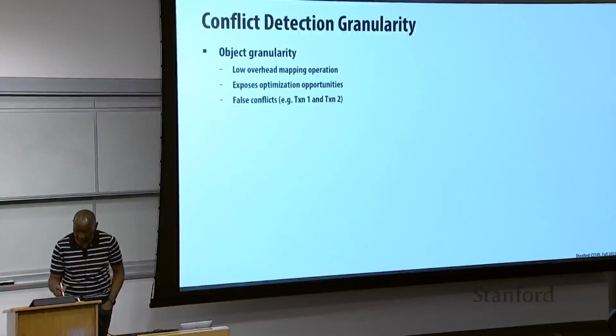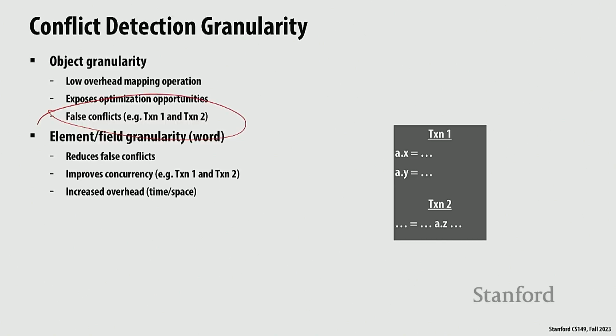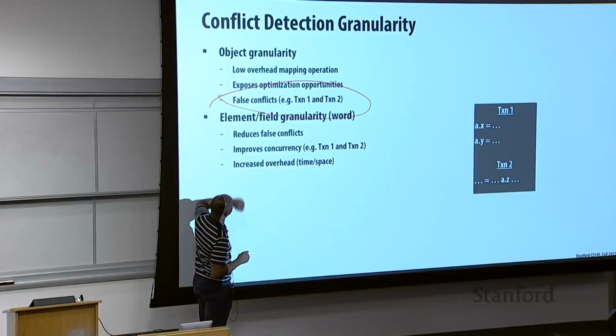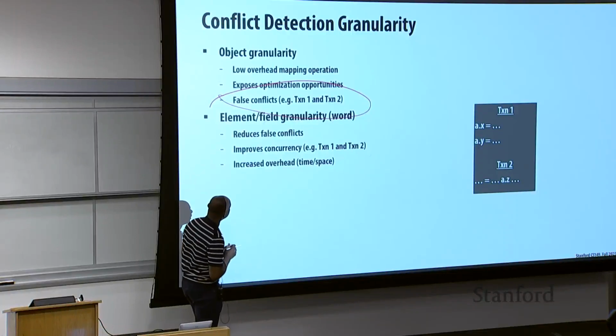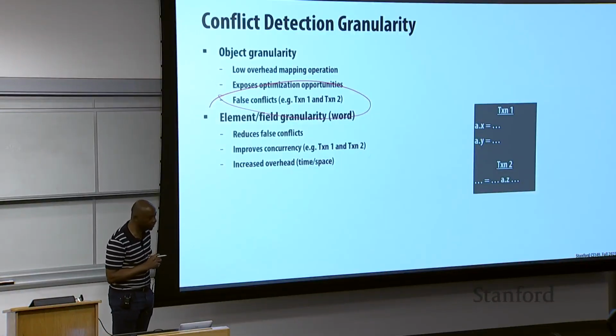But the key thing that you do get with this coarser granularity are these false conflicts, as you pointed out, right? So here's the example then. If you've got element or field granularity, then you can reduce the incidence of false conflicts and potentially improve concurrency.